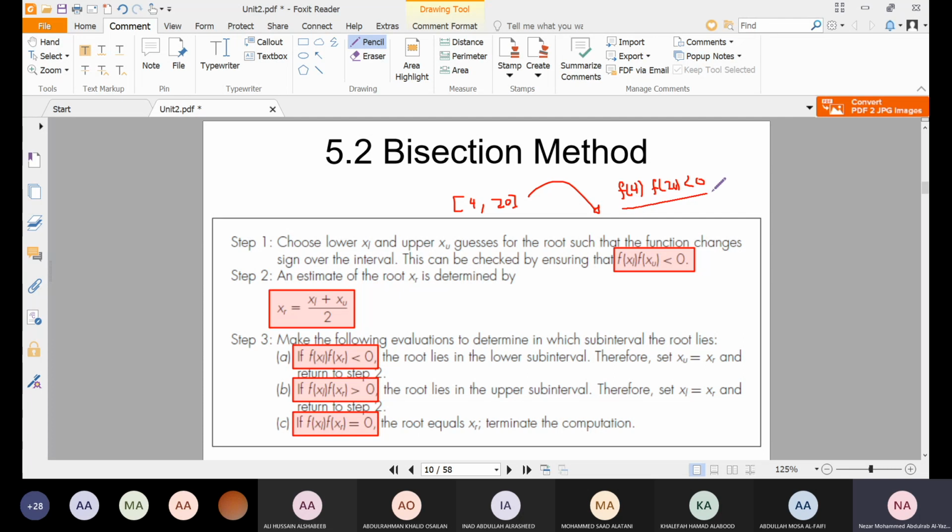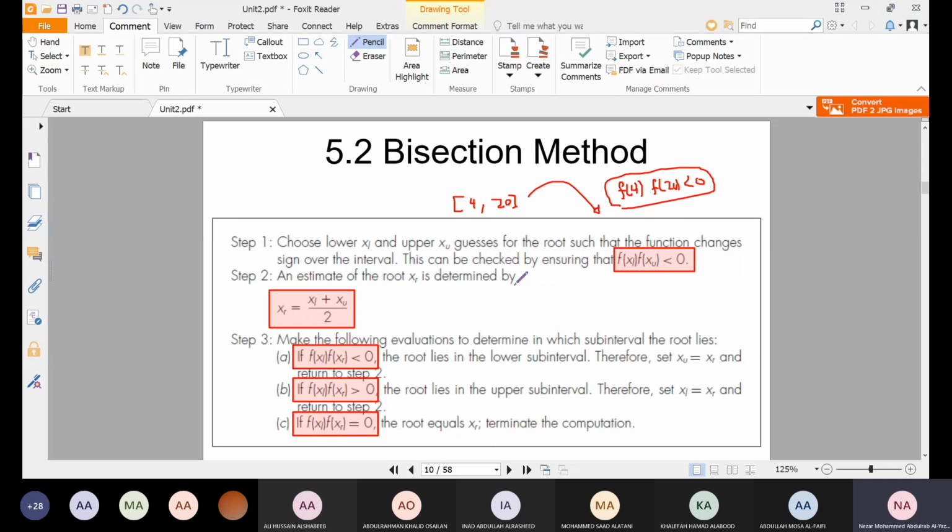So the first condition for bisection is that we ensure the evaluation of the function at the lower limit multiplied by the evaluation of the function at the upper limit is less than 0. So I have a change in sign between the lower limit and the upper limit. This is the first step I should know.